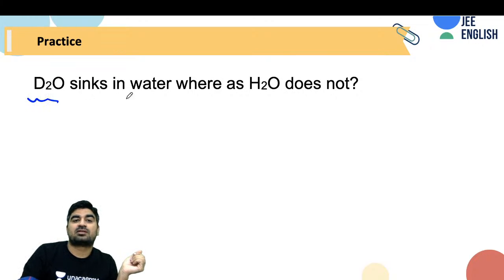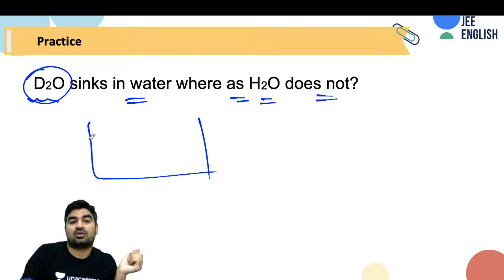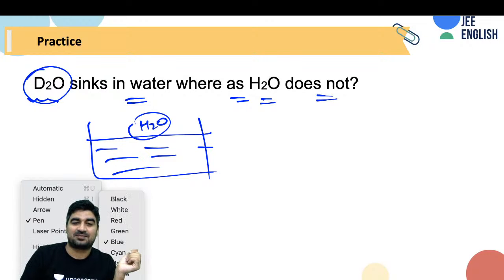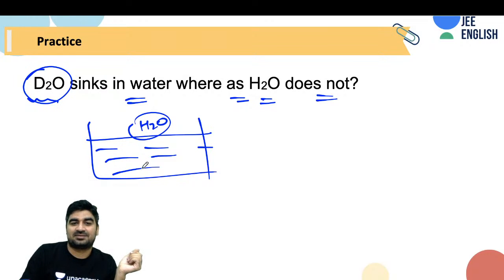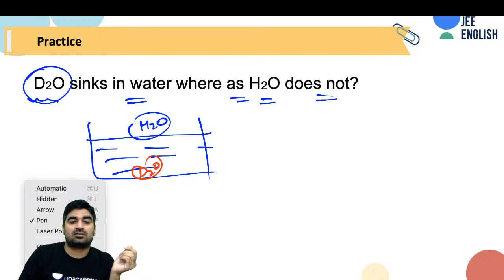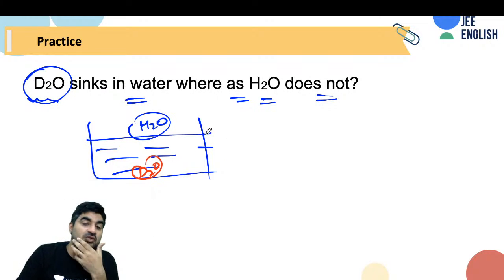Now, D2O sinks in water, whereas H2O does not. So D2O is sinking in the water. Suppose this is water. This is H2O, the blue color. Let me make the D2O red color just to distinguish it. So D2O is sinking in the water, but H2O, ice, is not.